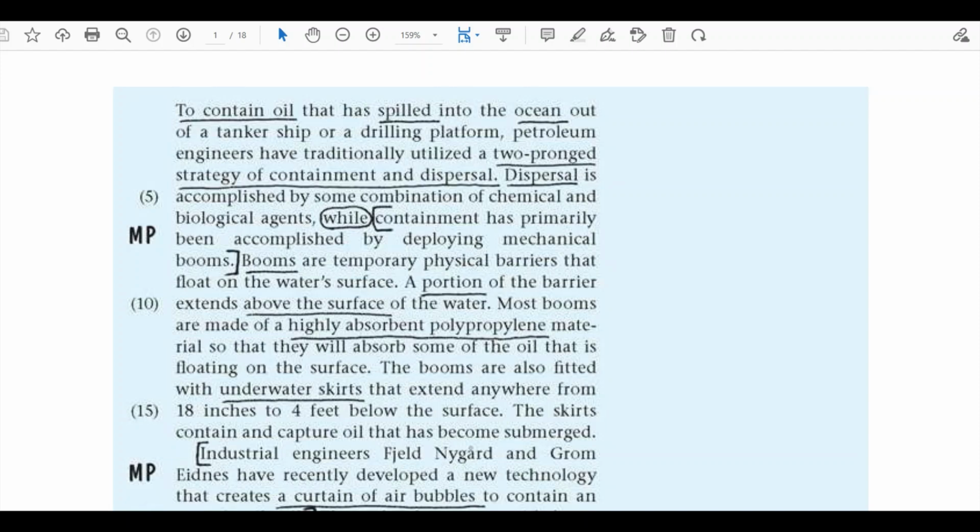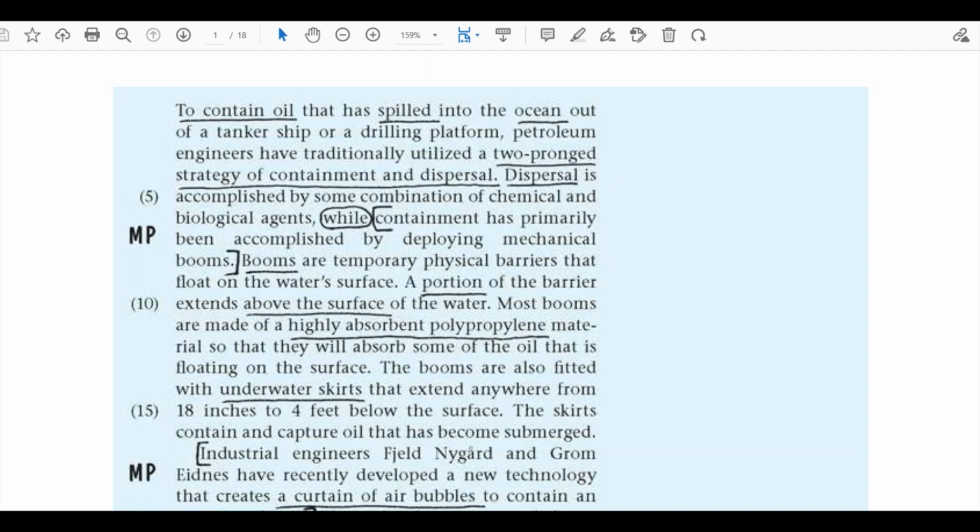Booms are temporary physical barriers that float on the water's surface. A portion of the barrier extends above the surface of the water. Most booms are made of a highly absorbent polypropylene material so that they will absorb some of the oil that is floating on the surface.